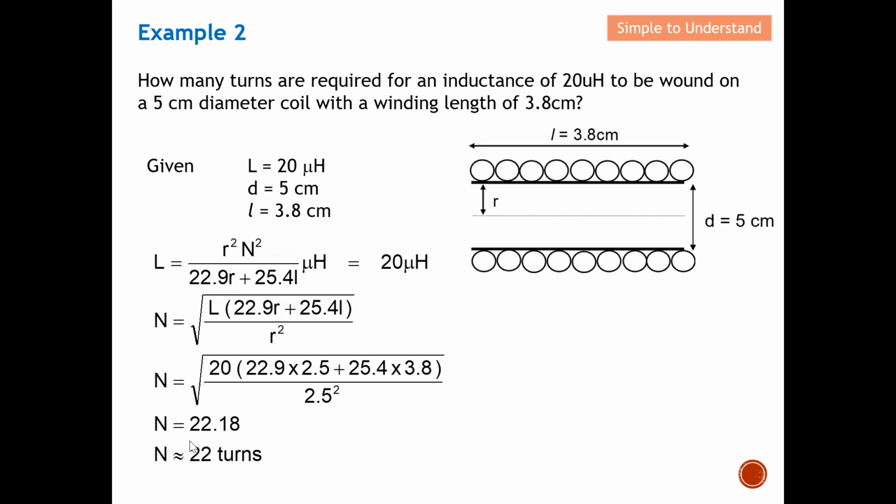The number of turns will be 22 turns. So if I can achieve 22 turns with a radius of 2.5 centimeter and a length of 3.8 centimeter, I will be able to achieve an inductor value of 20 microhenry.